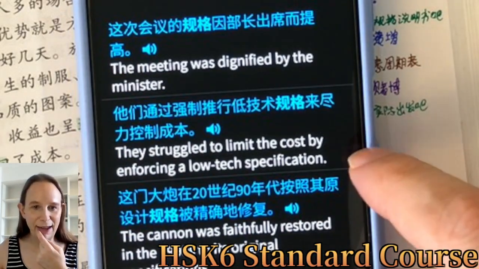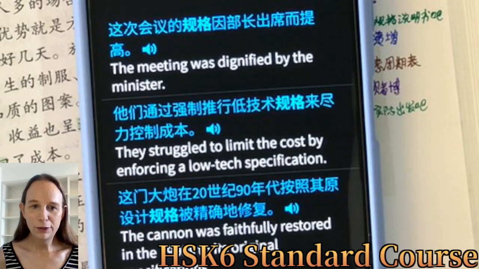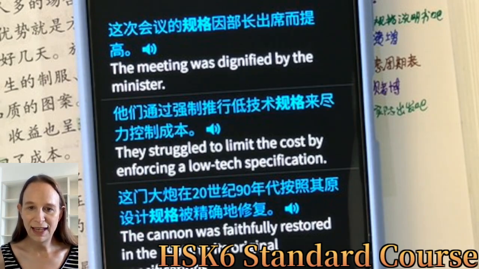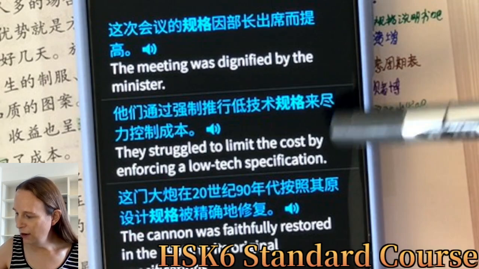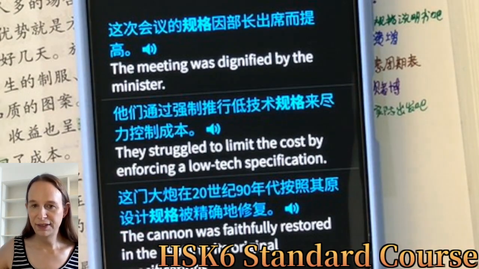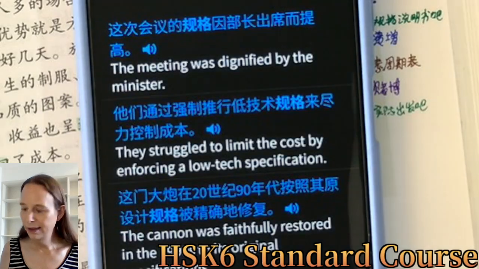Yeah, here is what I would think. 他们通过强制推行低技术规格来尽力控制成本. Okay, so their specification is low technology in order to reduce costs.